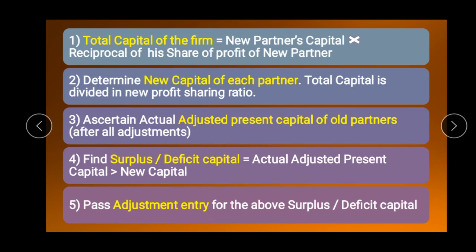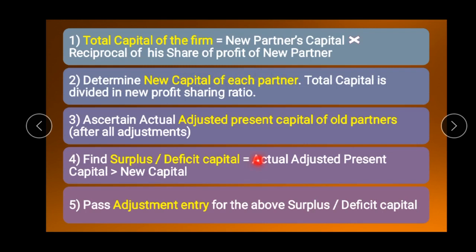In the fourth step, we have to find out the surplus or deficit capital, and this can be calculated by comparing the adjusted present capital of old partners calculated in third step with the new capital of each partner calculated in the second step.